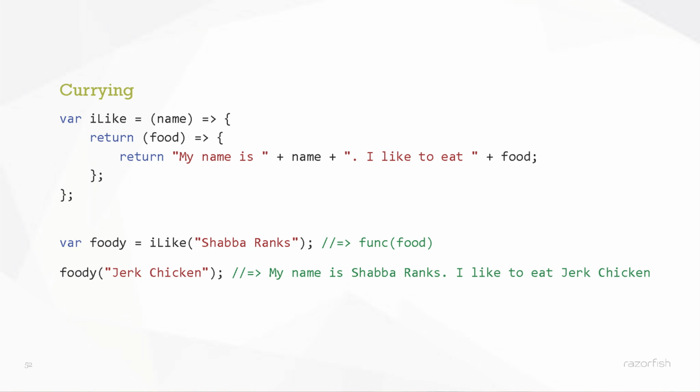And then I can call foodie and add my second argument later, and then the two would be put together to create the result. So when I call it the first time with only one argument, it will give me a function in return. So I won't get any values back. It's just a function that has one argument that I can call again.